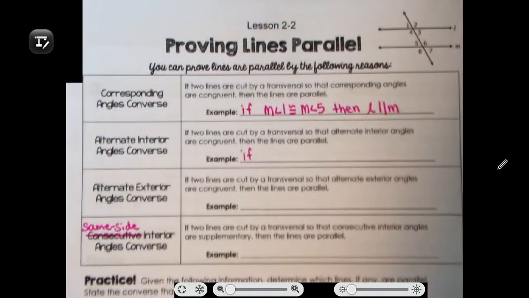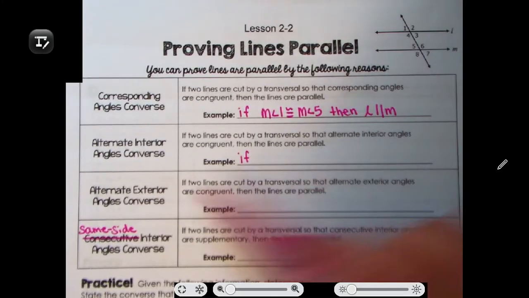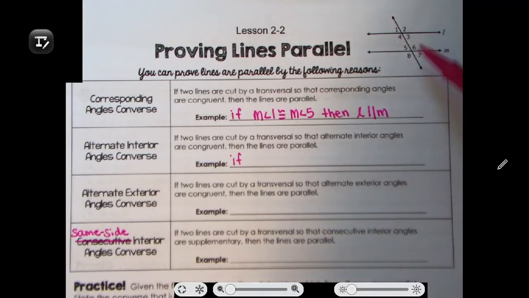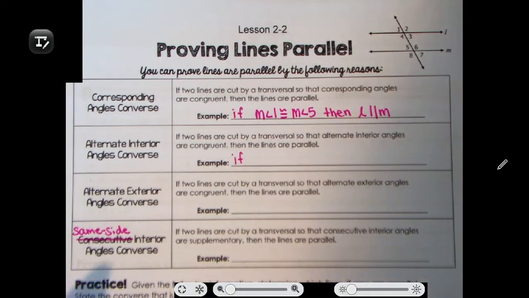Let's see what we remember. Alternate interior, so opposite side, but inside the parallel lines. All of these angles are going to be interior. So I can pick, say, 4 and 6. 4 and 6 are alternate interior. Also 3 and 5, but I'll just pick 4 and 6.